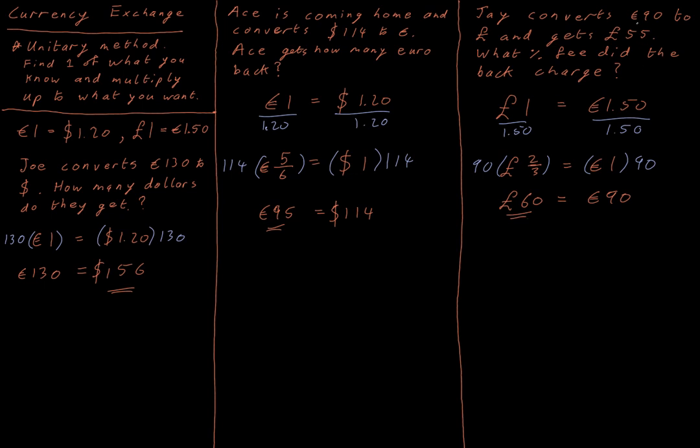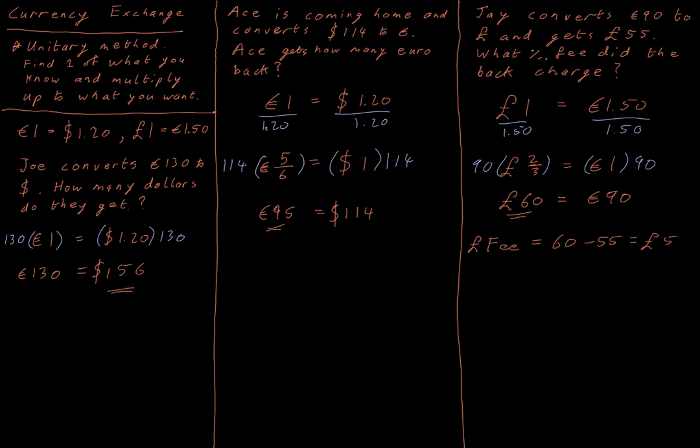If we only get £55, that means that we got charged £5. So the fee in pounds would be 60 minus 55. So we got charged £5 to change our money.